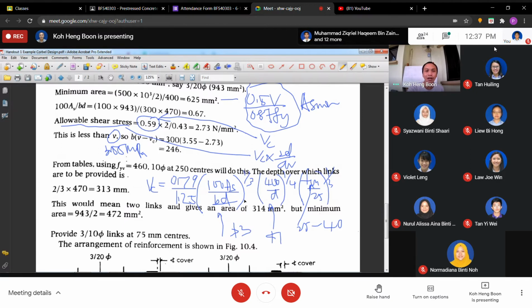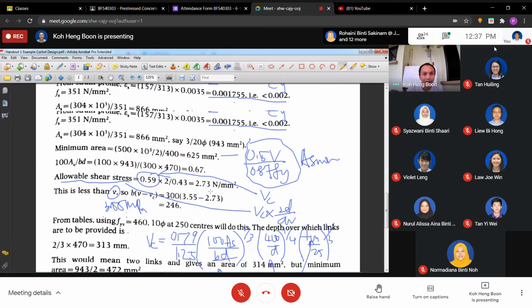VC is the concrete shear strength. And we can enhance it, just now I mentioned, with 2D over AV. AV over D we already calculated, it's 0.43.